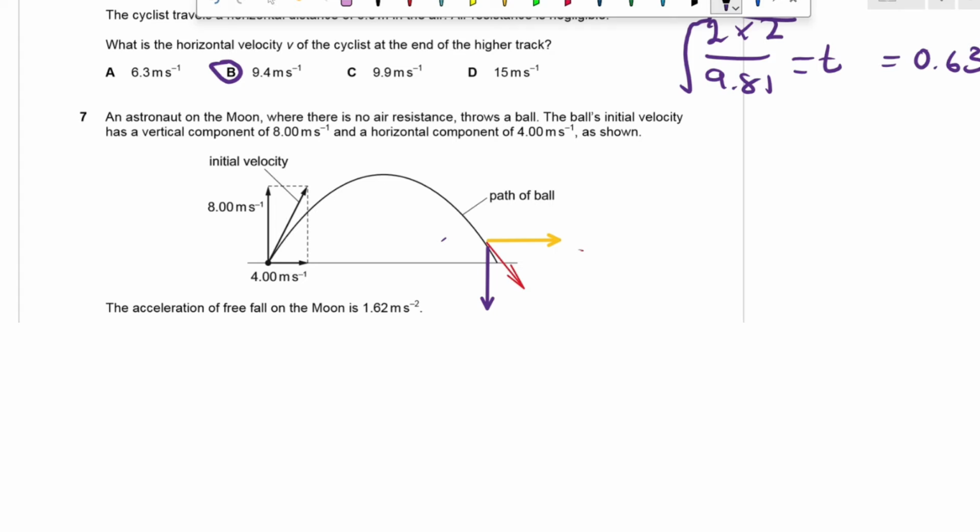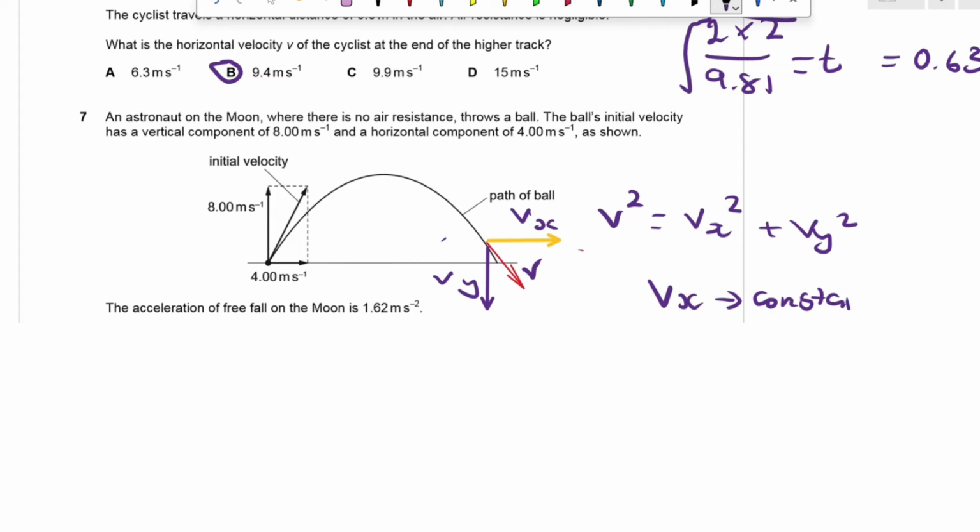If I find the velocity in the y and the velocity in the x, I can find the resultant by using Pythagoras theorem, because this is v, this is Vx, this is Vy. So to find v, v squared is going to be equal to Vx squared plus Vy squared. I'm going to use this equation and it's going to guide me. So Vx is going to be constant. Vx is always constant.